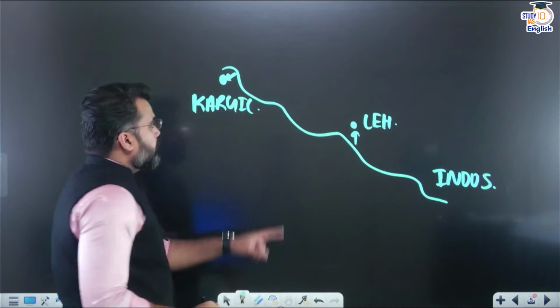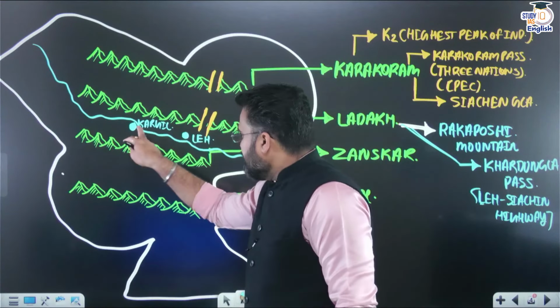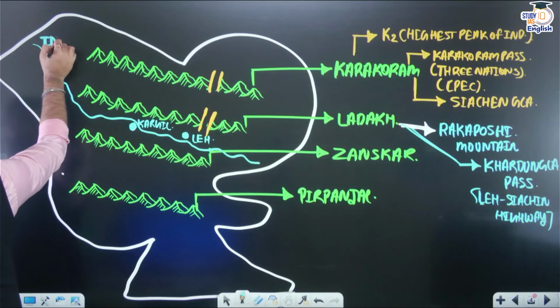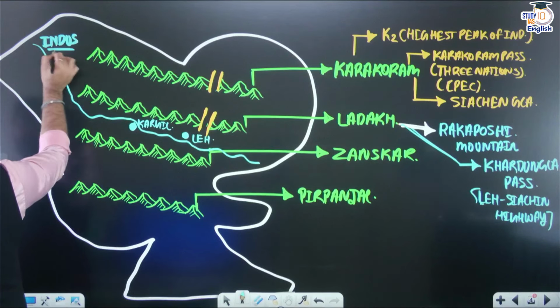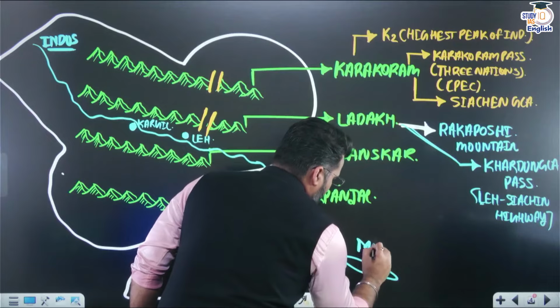Are you getting my point? So with respect to each other, their locations are important. This side is Leh, this side is Kargil, and this is a river called Indus. This is Indus river, which originates from this part, the lake called Mansarovar.